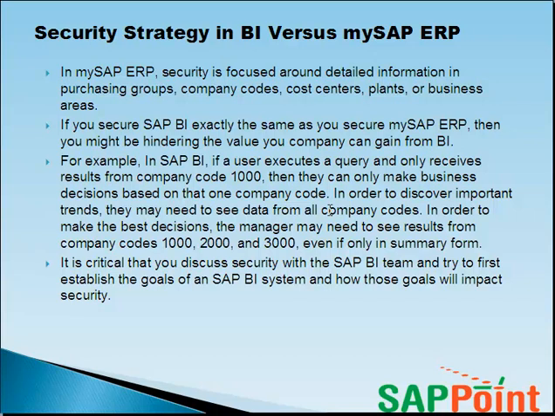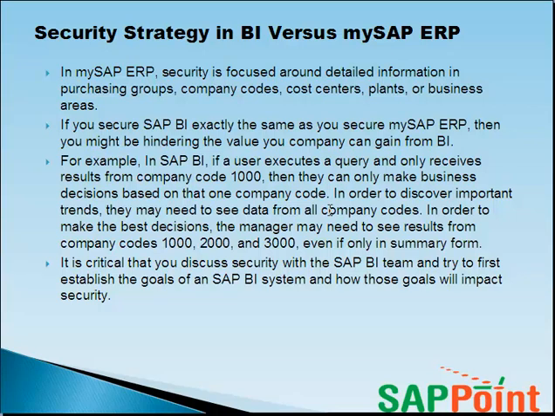For example, in a BI system, if a user executes a query and only receives results from company code 1000, then that user can make business decisions only for that company code. But let's say there are other company codes in the organization. In order to discover important trends, let's say for the sales figures, the user might want to see the data from all other company codes too.